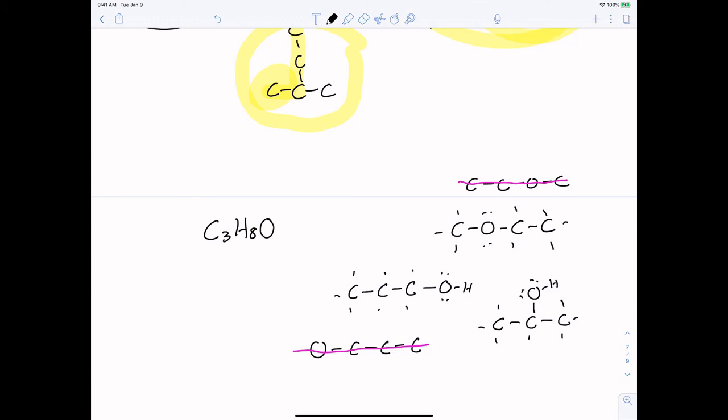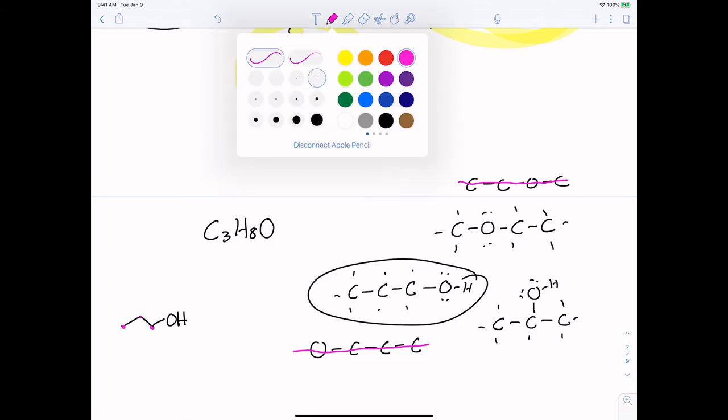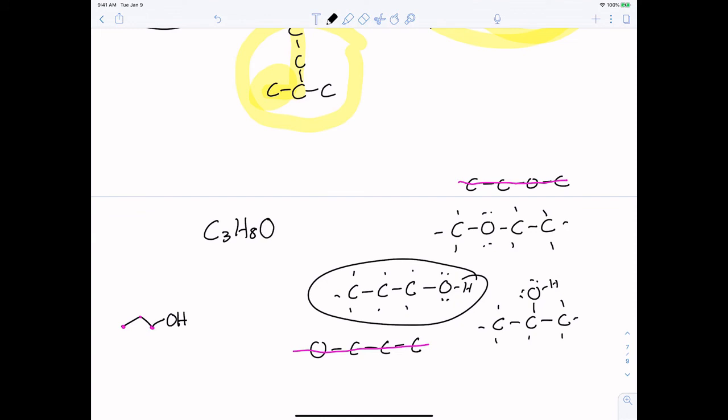So drawing these skeletal structures, that's this one, right? I have 3 carbons in a row. 1, 2, 3, and then my OH group. I could do this one, that's this one, and then this guy.